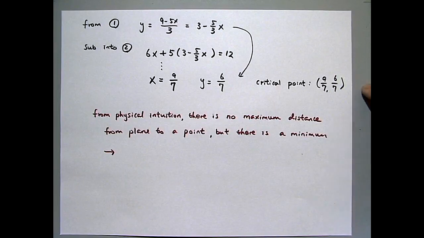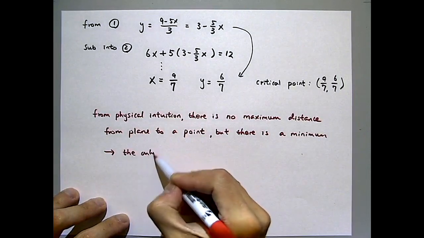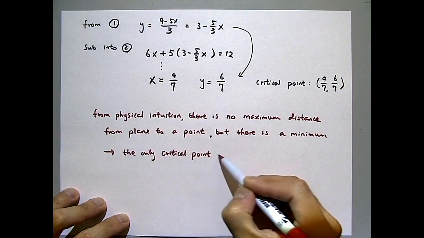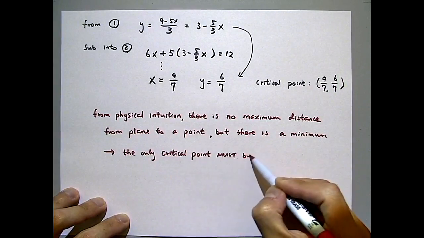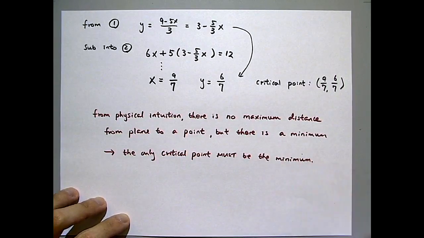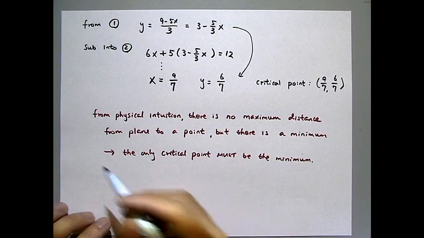So therefore, this has got to be it. The only critical point must be the minimum. So therefore, we can skip that d test altogether. Forget about taking second derivatives, forming fxx, fyy, and all that stuff, and simply come to the correct conclusion without doing all that.